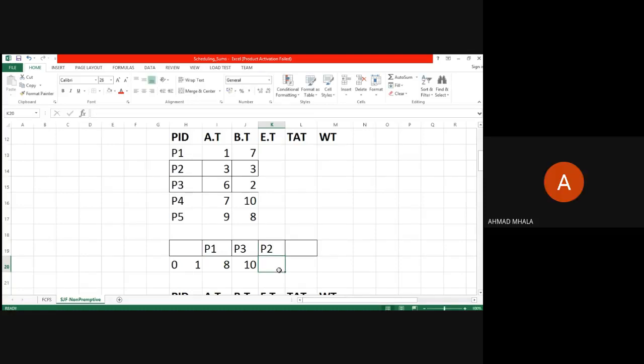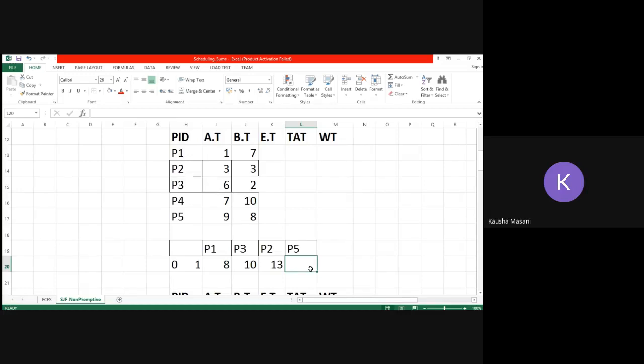Is it 20? 21. And the remaining one, P4. What is the execution time for that? 31.